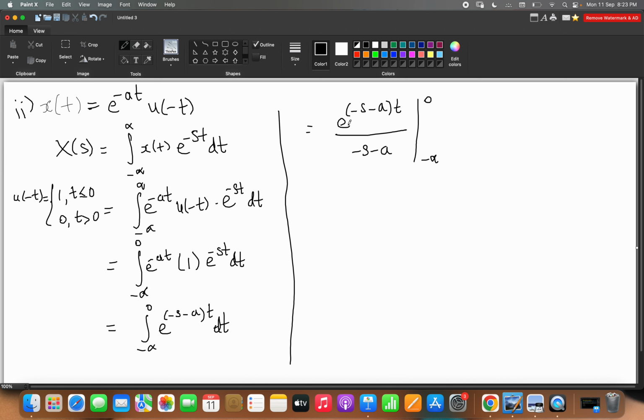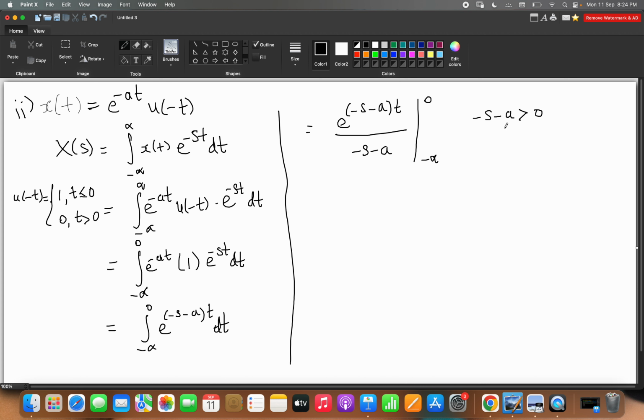Okay, so this term minus s minus a need to be a positive value so that the product will be negative for negative t. If you apply t as negative infinity, then you will get some finite value. Okay, the objective is to make this term finite if we apply the upper and lower limits. Okay, so this is the condition, minus s minus a need to be greater than 0.